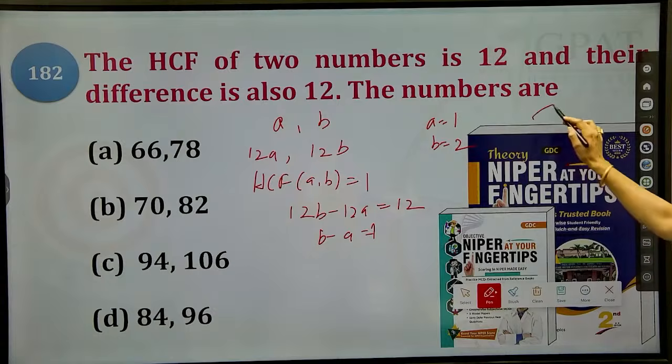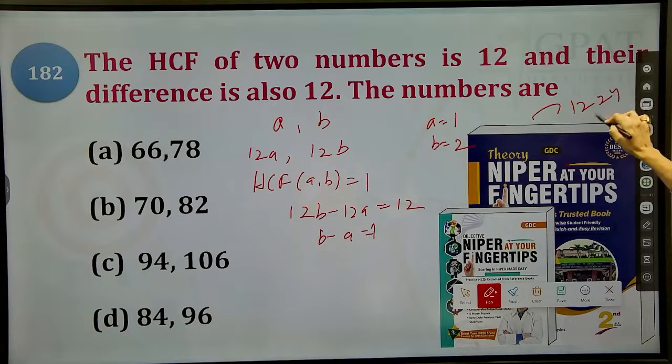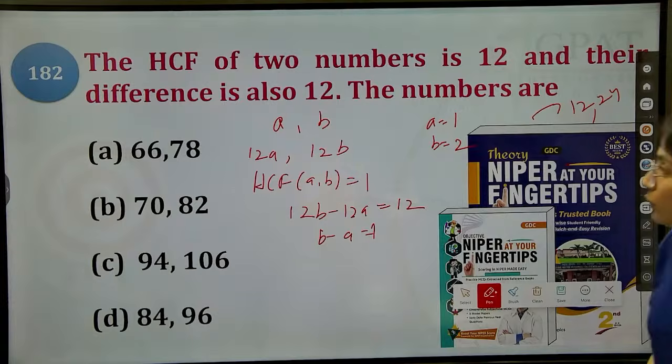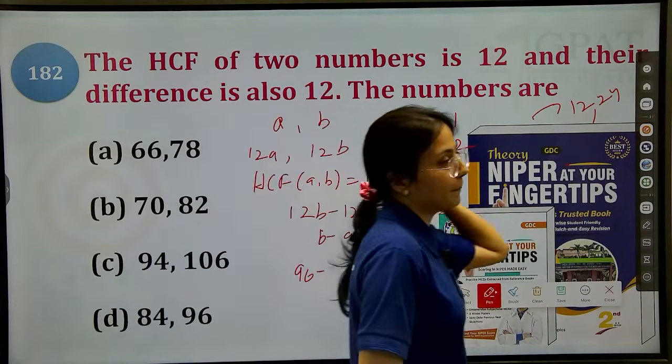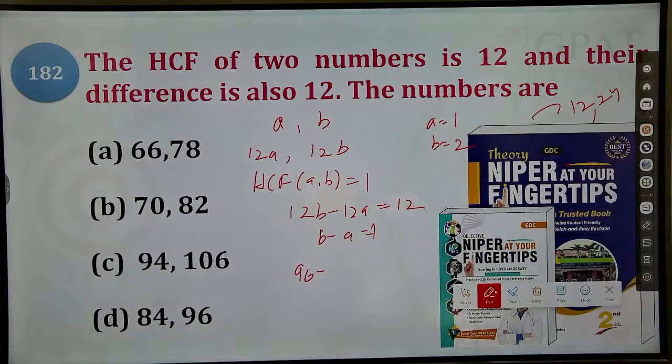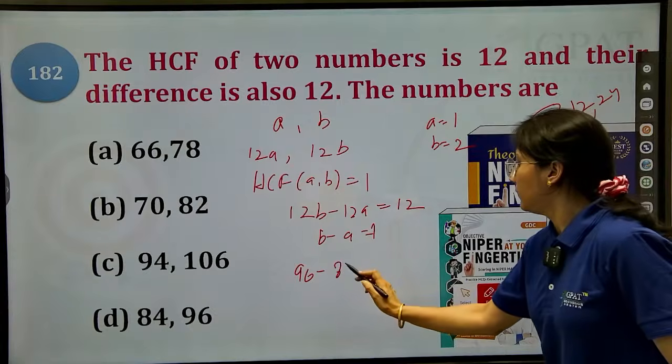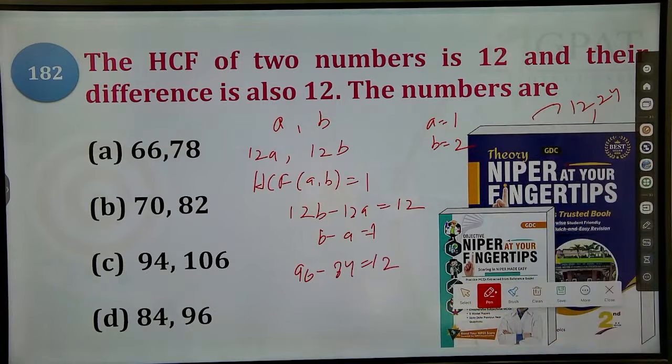Maybe the numbers are 12 and 24, or you can say that when you find the difference, 96 minus 84, you will get 12.